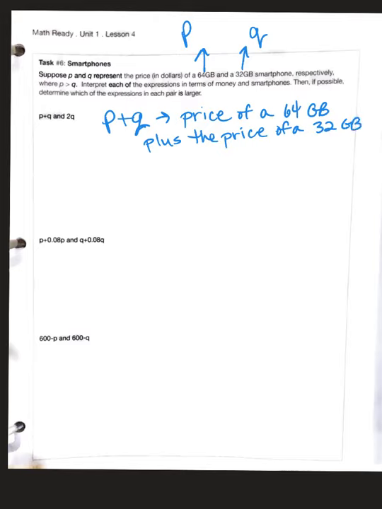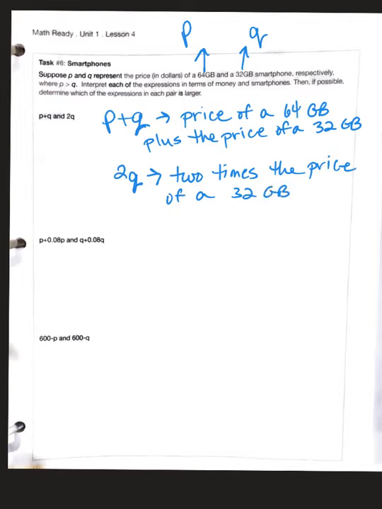The second expression, 2Q, means twice, or 2 times, the price of a 32 gig. Okay, using reasoning, we can determine which one of these would be larger. The problem already told us that the price of a 64 gig is greater than the price of a 32 gig.